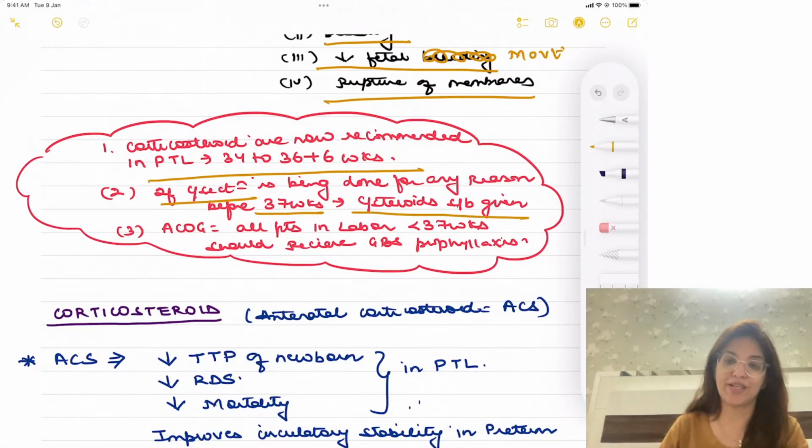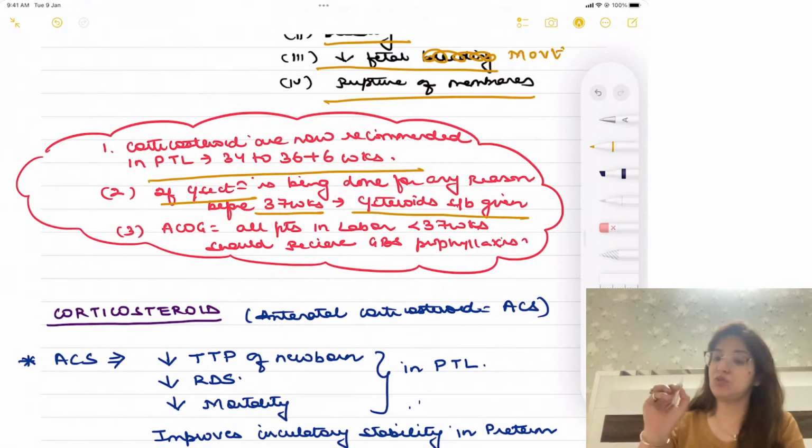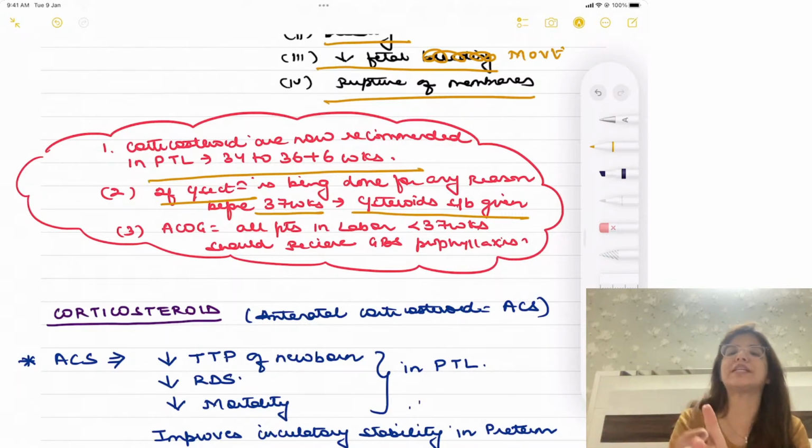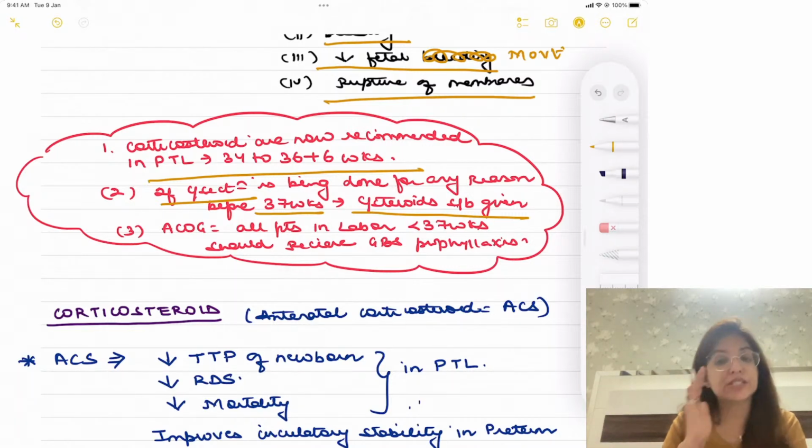for corticosteroid, right? So suppose your patient was having placenta previa, and due to some reason you told her that I'm going to operate on you at 36 weeks of gestation. So in this patient also, because you are going to do a cesarean section before 37 weeks, still it is an indication for giving corticosteroid, right?